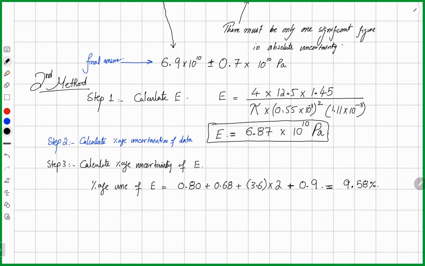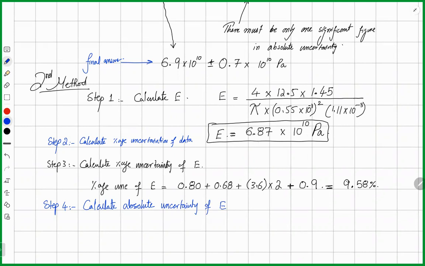So step 4, calculate absolute uncertainty of E. Actually, you have to calculate 9.58% of 6.87, and you can just ignore the 10 to the power 10.